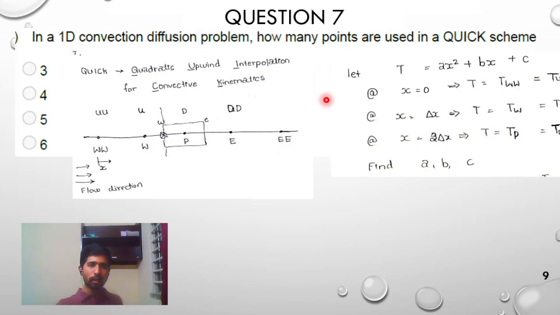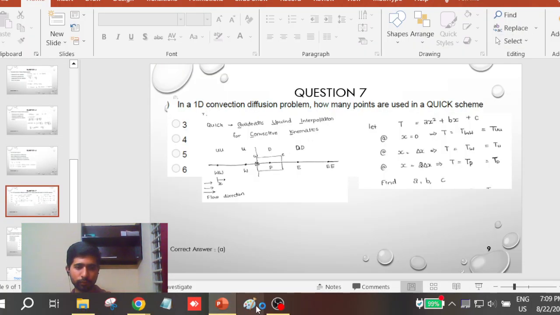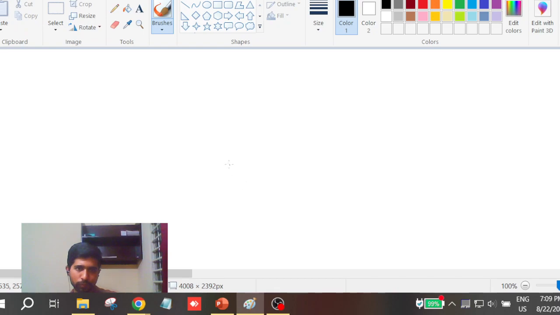Okay, this is a bit involved question. In a 1D convection diffusion problem, how many points are used in a QUICK scheme? First of all, do you guys know the full form of the QUICK scheme?